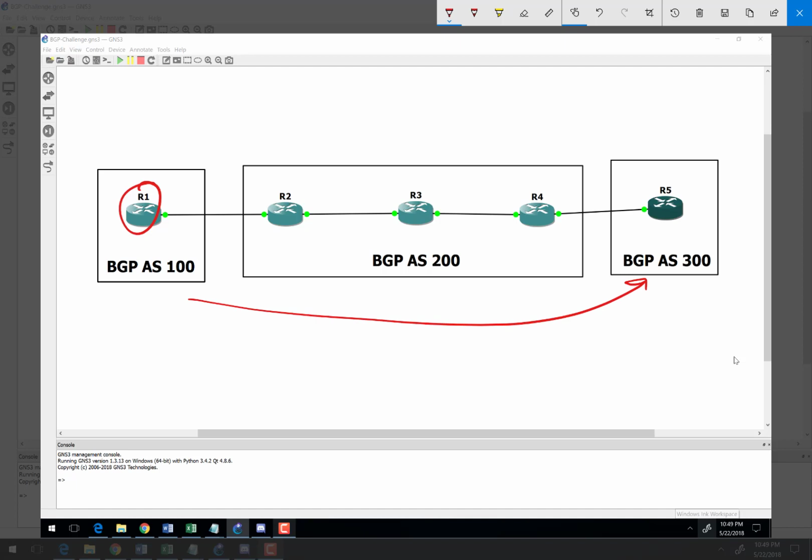So it's going to have an I, because we're injecting it via a network statement. Our first autonomous system number, logically it would have 200 because we'd be going through 200, and then we would not see 300 because you don't see your own AS when you're in the autonomous system.